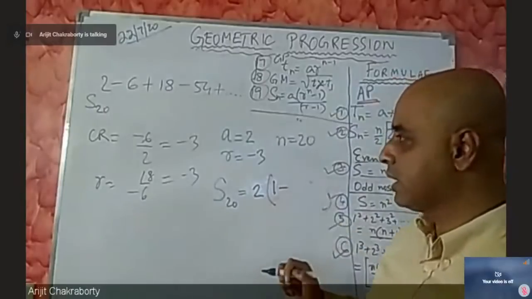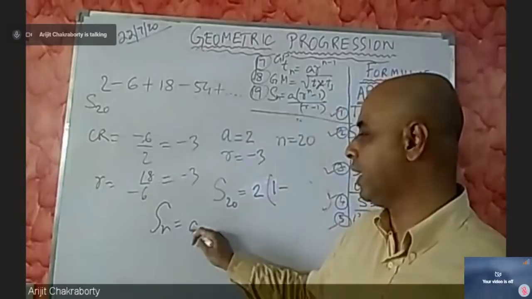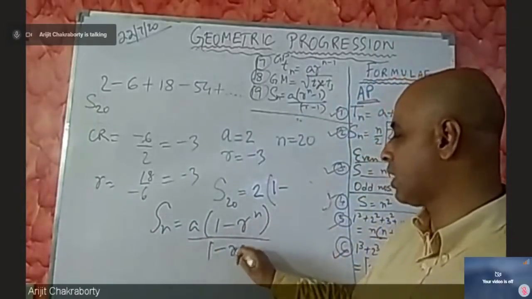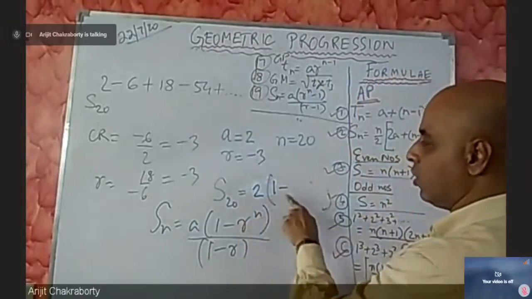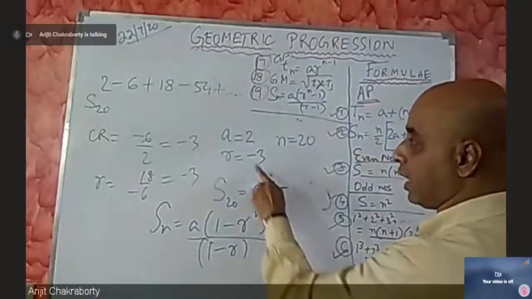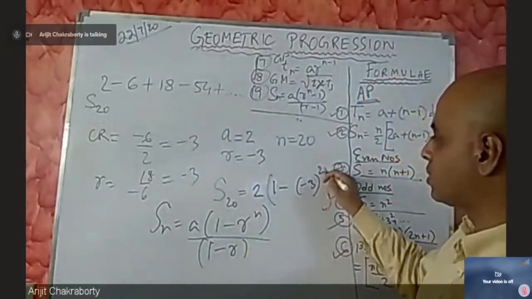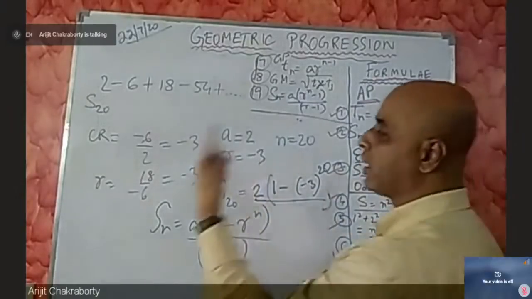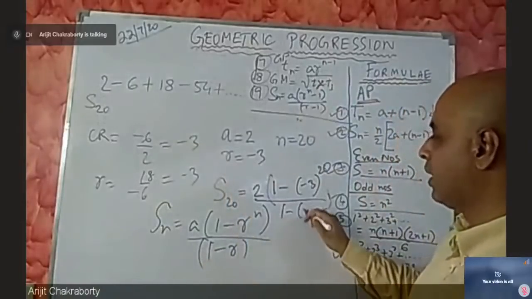The formula was Sn equal to A into 1 minus R to the power N by 1 minus R. So here S20, A is 2, 1 minus R to the power N. R is minus 3. So 1 minus minus 3 to the power 20, divided by 1 minus R, that is 1 minus minus 3.